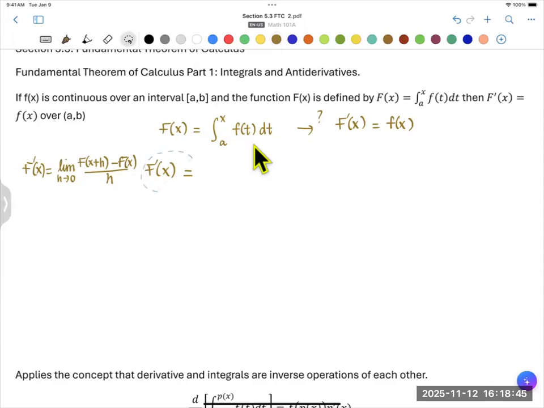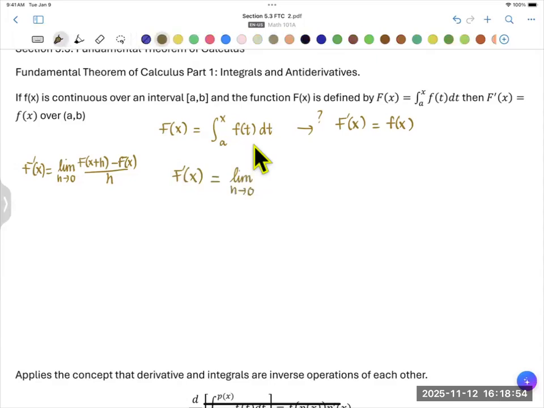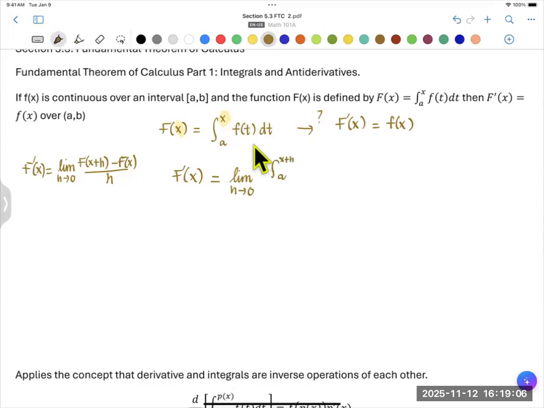For F prime of x, I apply the limit: F of x plus h means I replace every x by x plus h. So I have the integral from a to x plus h of f(t) dt, minus F of x, which is the integral from a to x of f(t) dt, and then all over h.